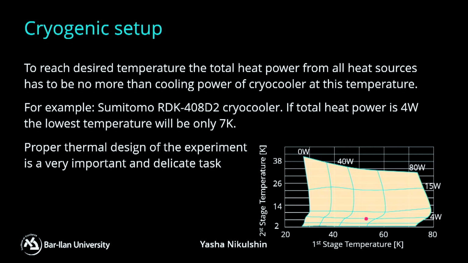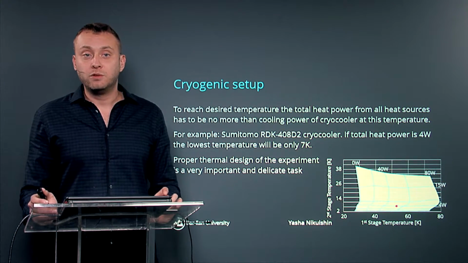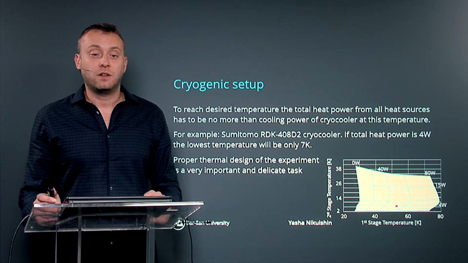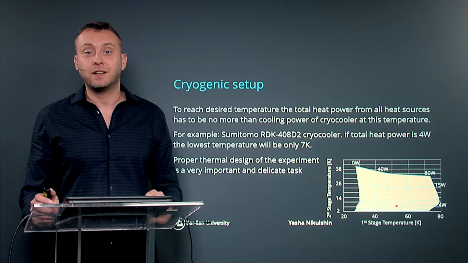For example, for the cryocooler we used, if the total heat power is 4 watts, the lowest temperature will be only 7 K. And it has only 1 watt at 4.2 K. So if we want to cover the whole temperature spectrum, we need to reduce our heat income to 1 watt or so. So proper thermal design of the experiment is a very important and delicate task.